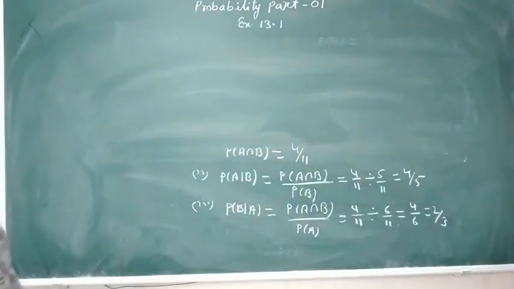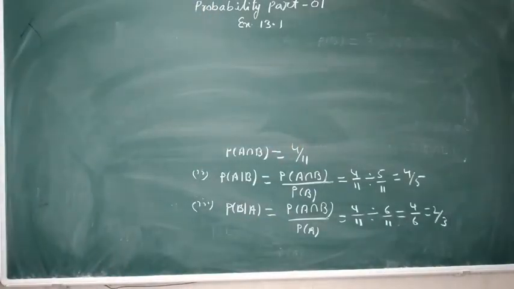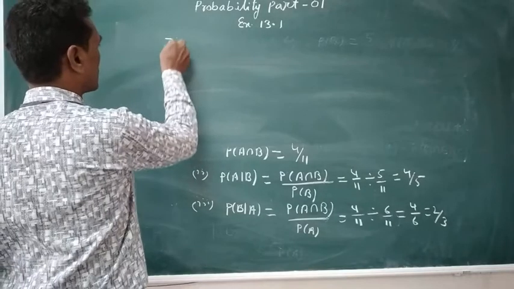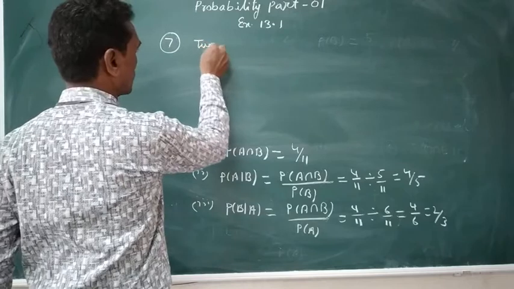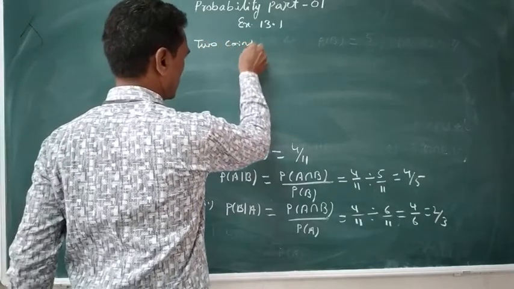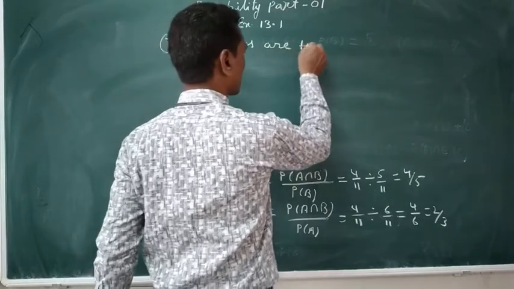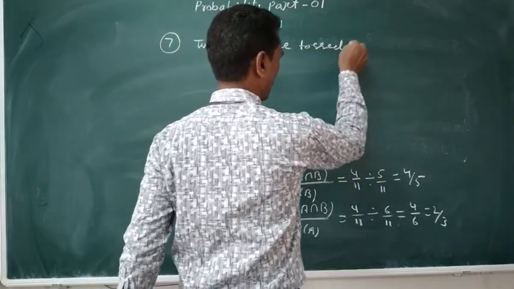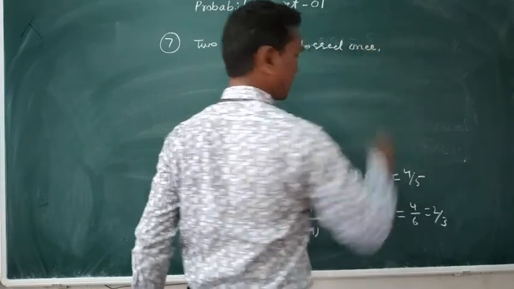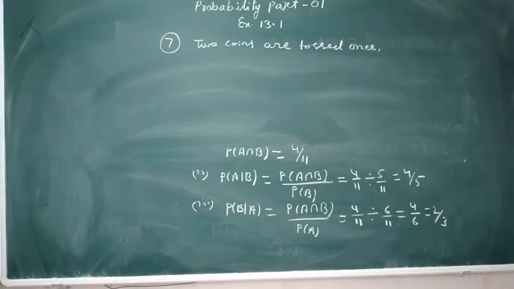Now another question, number 7. Two coins are tossed once, where E is the event that a tail appears on one coin.